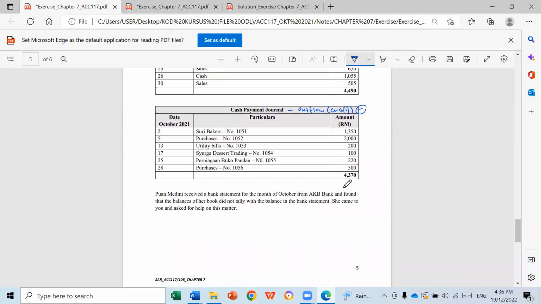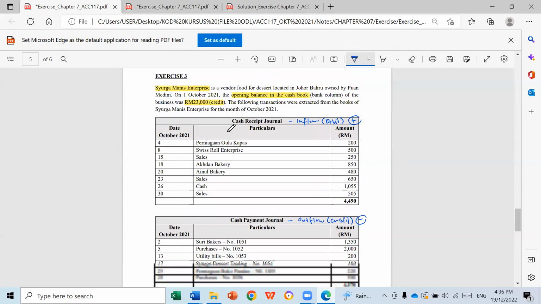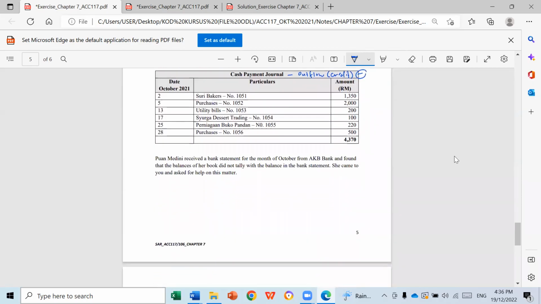We may work it out by bringing out the opening balance. The opening balance mentioned here is 23,000 on the credit side. This is just a simple working. If we open the cash book, the balance brought down will appear on the credit side, 23,000.